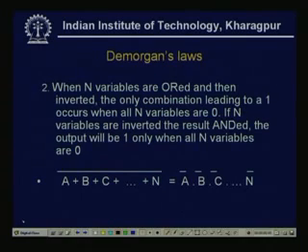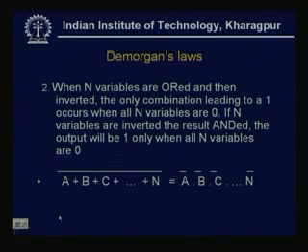See, if we do that, okay, first we describe that rule, that a plus b plus c plus n, if it is inverted, then it will be similar as if each variable is inverted and then it is ANDed with each other.